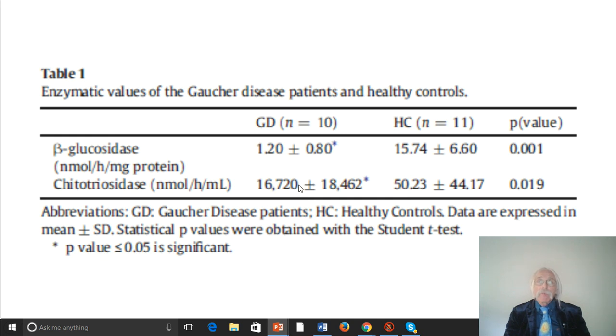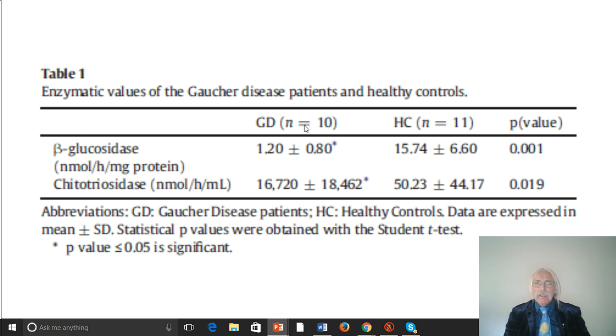However, because you're building up these complex lipids in these endosomal compartments, that turns on the machinery that induces the expression of this chitinase type of enzyme, because the cell recognizes that undegraded lipid moiety in the lysosomal endosomal compartment as something looking like chitin. So it really jacks up the activity of this enzyme. There's 16,000 nanomole per hour per milliliter in the Gaucher's disease, down to only 50 basal activity in the healthy controls. You see a tremendous thing.